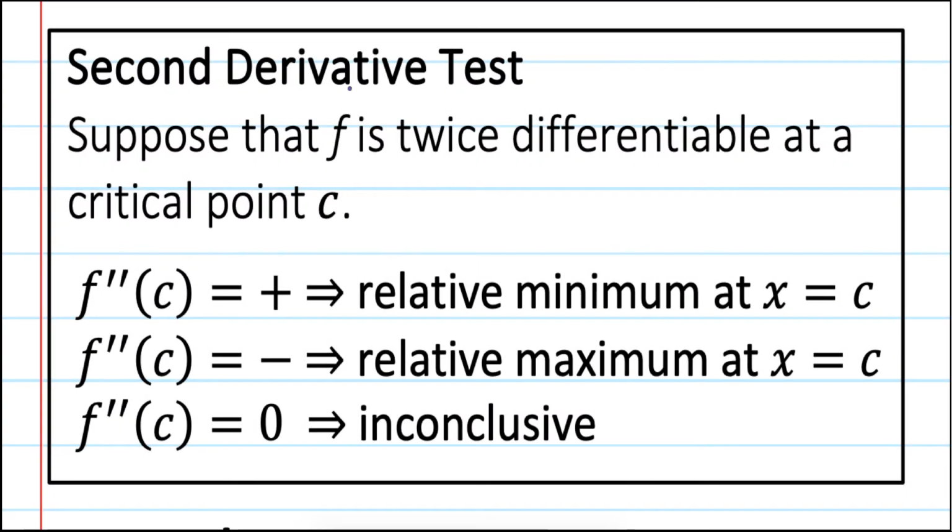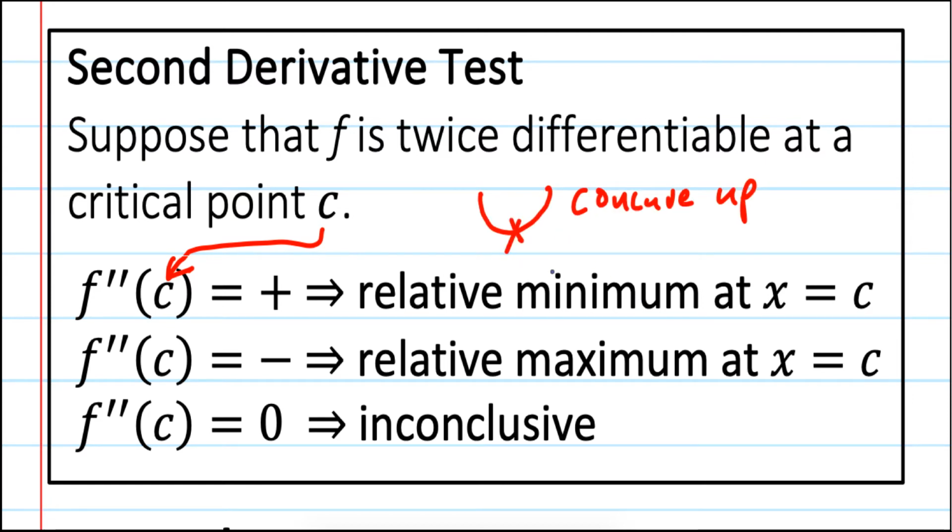Second derivative test. Suppose that f is twice differentiable at a critical point c. This time, you substitute c into x of the second derivative. If you get positive, then you get a relative minimum at x equal to c. Because if positive, it means that it is concave up.